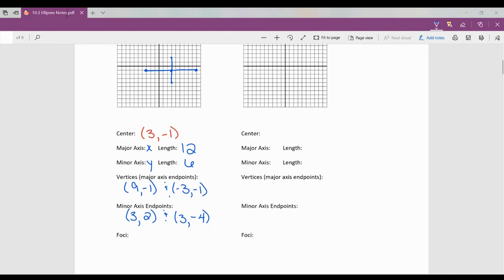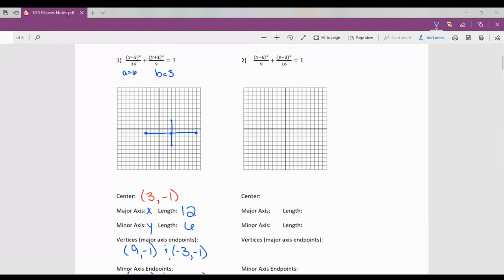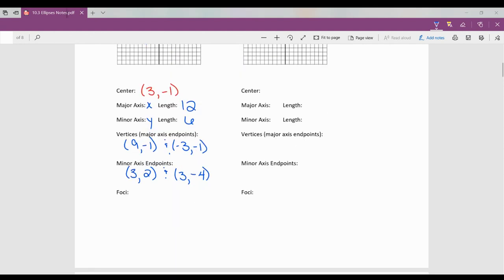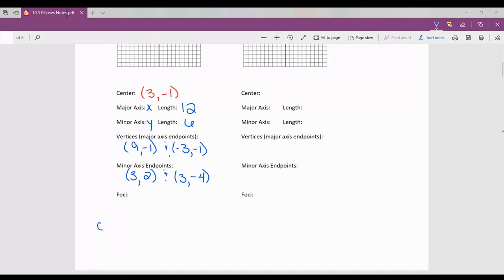All right, now my foci are probably going to be a little bit more difficult to find. So my foci, I do c squared equals a squared, which is 36, minus b squared, which is 9. So that's 27.